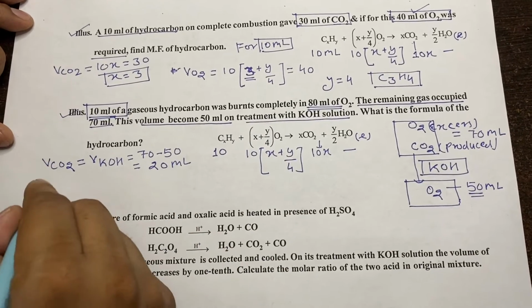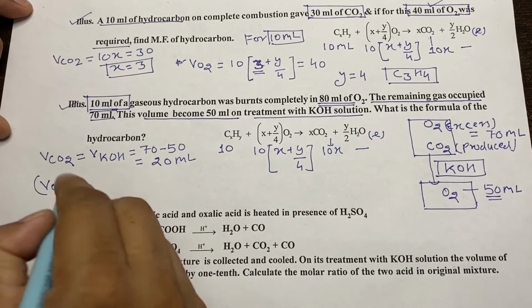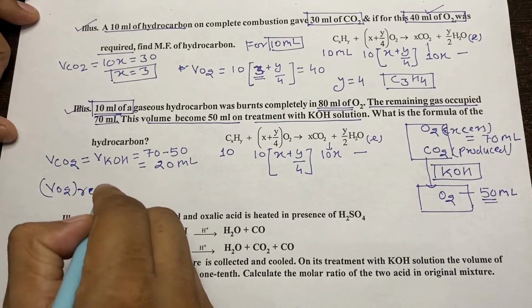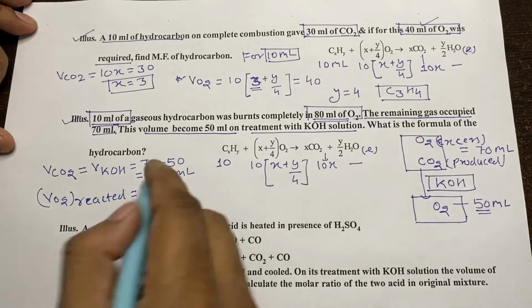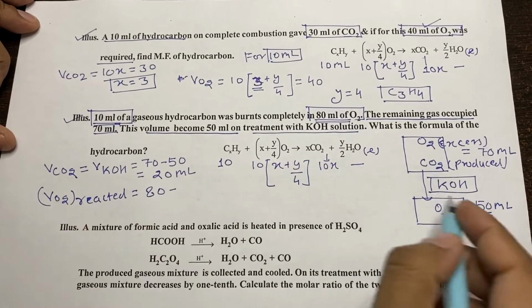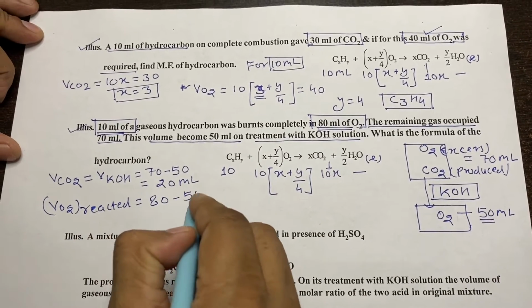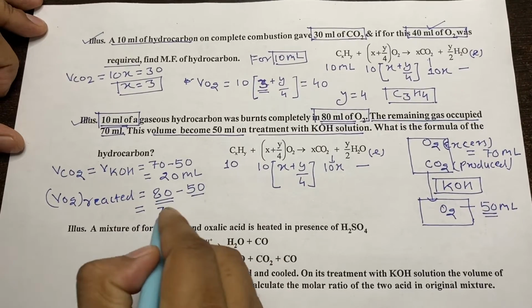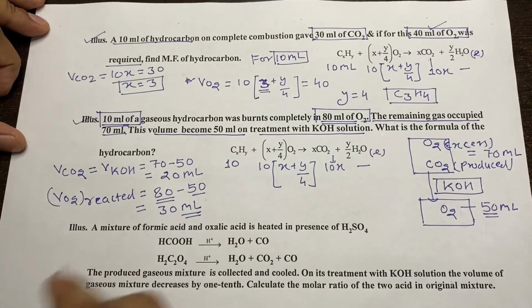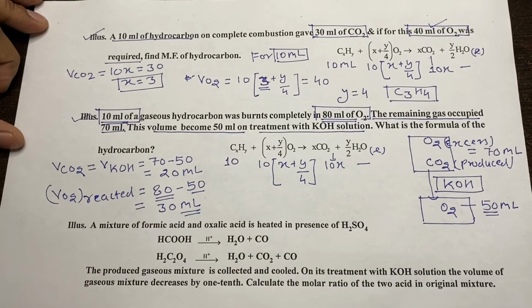So we can find the volume of oxygen reacted. We have taken 80 ml of oxygen and the unreacted oxygen present is 50 ml. So 80 minus 50 is 30 ml. This will be the volume of oxygen which reacted.